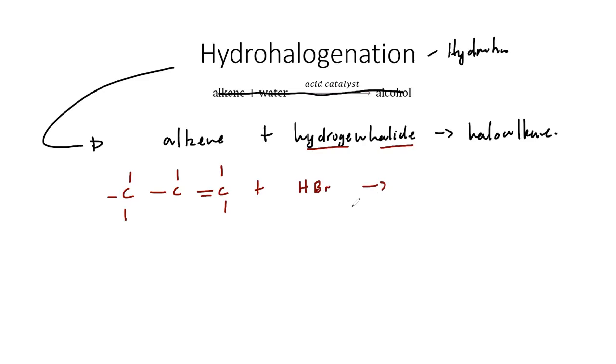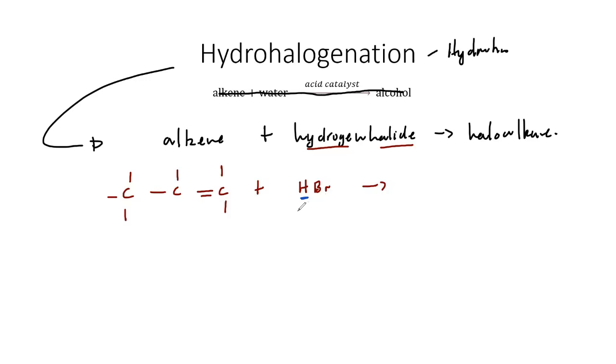Here's the rule. When addition happens, it happens on the carbons in the double bond. All right? The hydrogen, get this clear. The hydrogen from hydrogen bromide in this example will add onto the carbon in the double bond already containing the most number of hydrogen atoms.